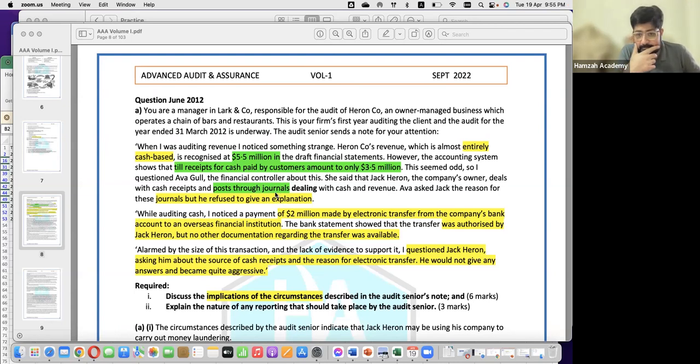The next line, as the reason for using odd accounting, that is posting through journals, is not available.